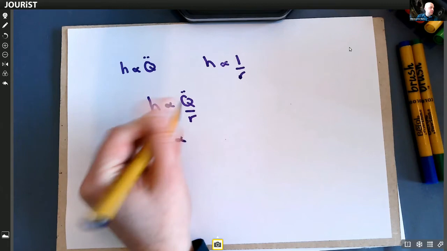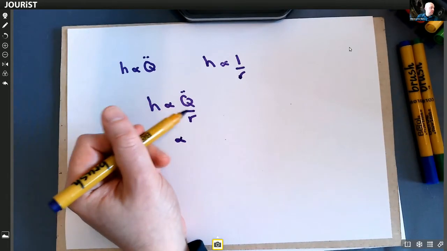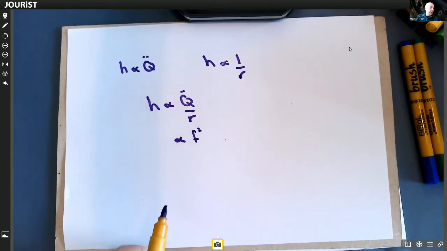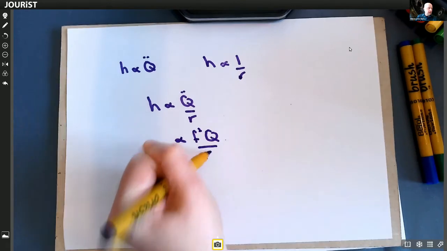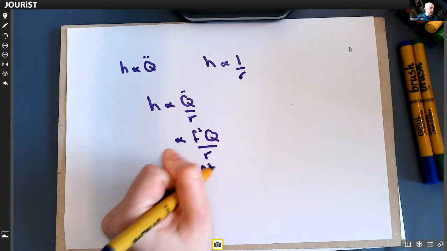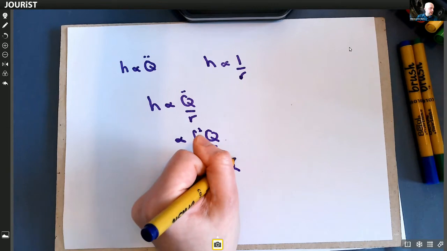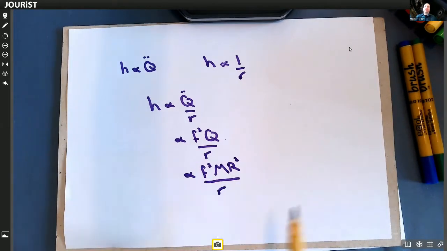Taking the time derivative twice, if this has a characteristic frequency associated with it, that will be something like frequency squared times Q over R. And what does the mass quadrupole look like? It's going to be something like the total mass times the size squared. There will be some constants out the front, and it would depend on the exact geometry, but it's going to be something like this.